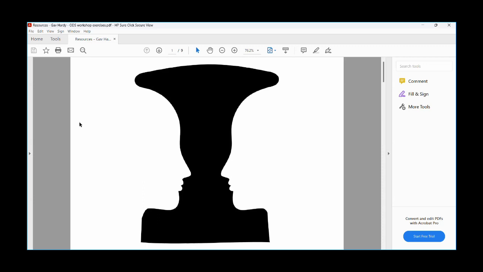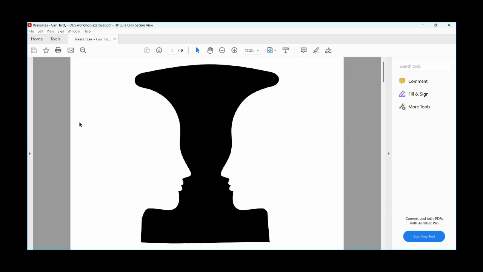Okay, and we can use this Rubin vase image to really demonstrate how the left brain and the right brain sort of do things differently, and it's also a great way to show you when the right side of your brain is actually switching on.